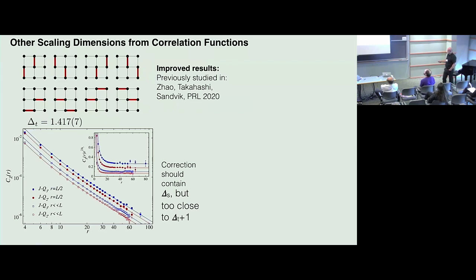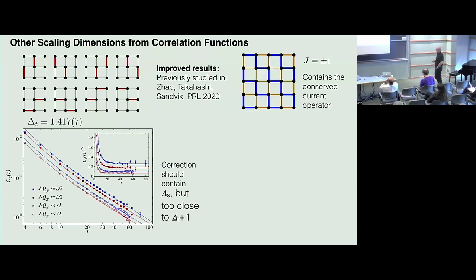But the problem is that it turns out that the first descendant of the T operator, delta T plus 1, is actually very close to what this is supposed to be and what we also finally think it should be. So from this we cannot tell, we cannot separate them because they are too close to each other. So from this we only get delta T.